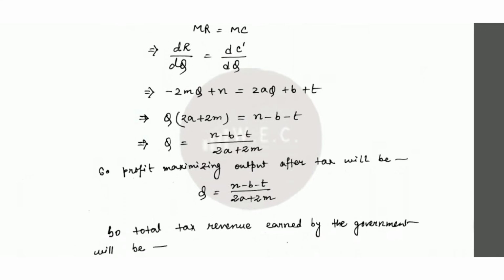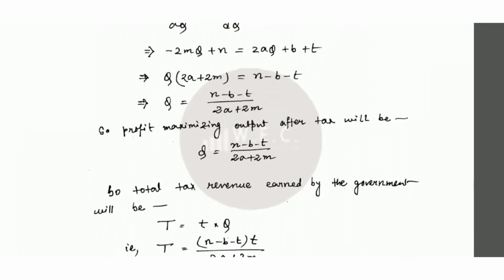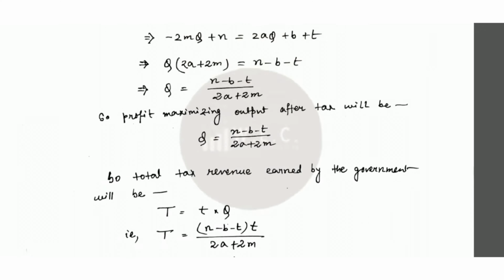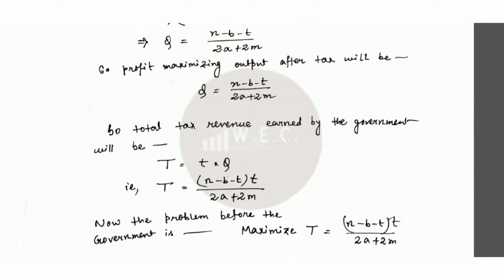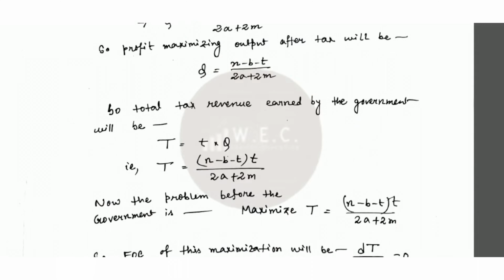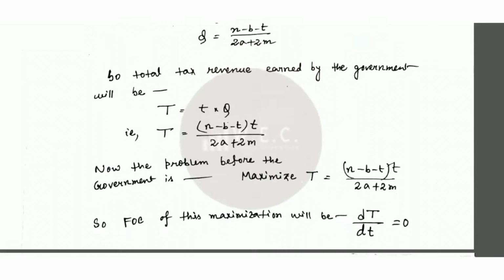Then the total tax revenue earned by the government will be t into Q. If total tax revenue is denoted by capital T, then capital T equals small t into Q. We already have the value of Q, so put the value of Q in its place and multiply it with t. So we'll get total tax revenue.